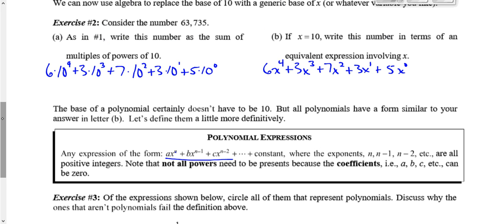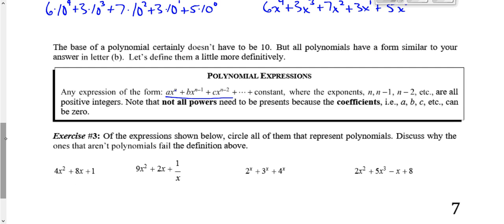So if n is 4, then n minus 1 is 3, and then there's my n minus 2, n minus 3, and all the way down, however many terms you have. The first term is always the highest exponent when you write polynomials. You always want to get them written with the highest exponent term down to the lowest exponent term.